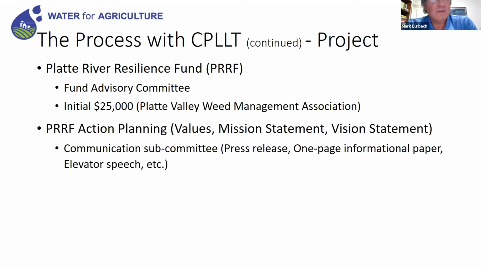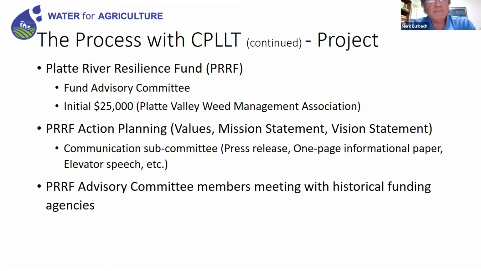Currently, the Platte River Resilience Fund is in the middle of action planning, identifying values, mission statement, and vision statement. A communication subcommittee has been created to develop a press release and one-page informational cheat sheets, if you will, describing the endowed fund, and elevator speech preparation to attract donors.